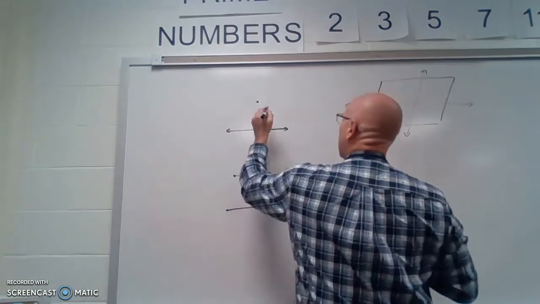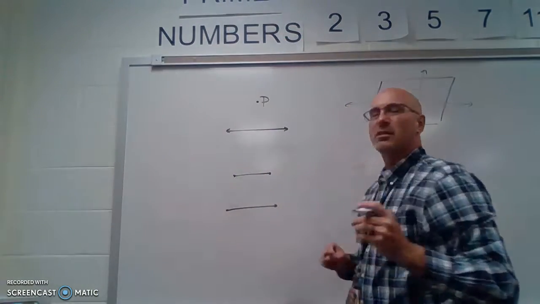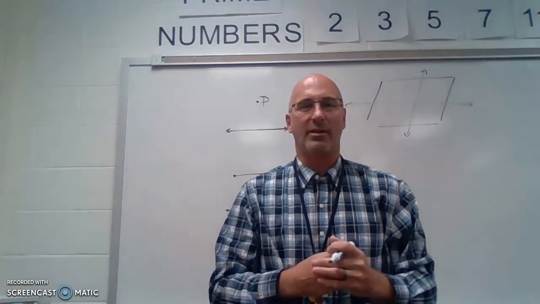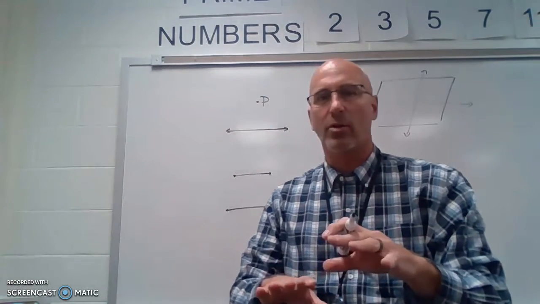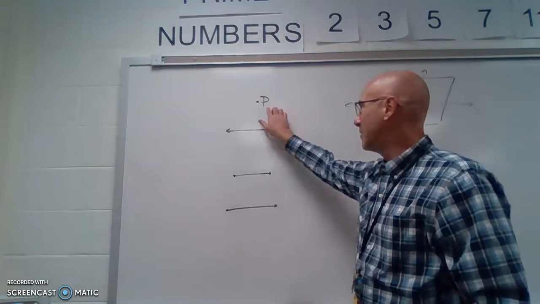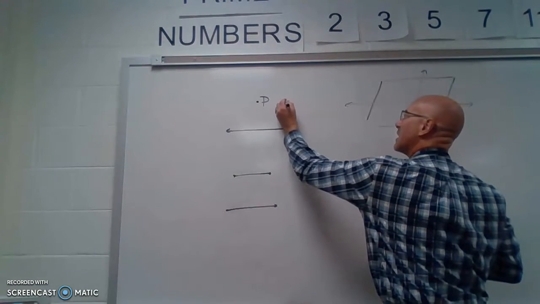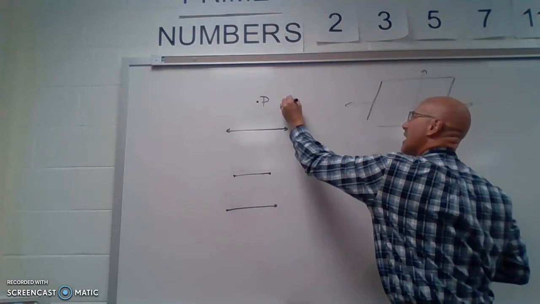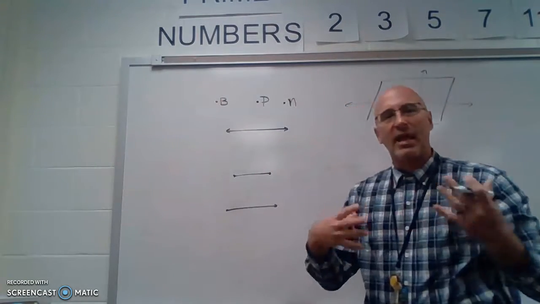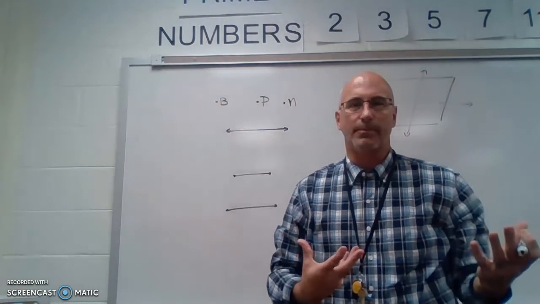So we always designate a point with a capital letter, not a lowercase, but capital. And we just say, this is point P, or this is point M, or this is point B. Any capital letter, we can name a point.